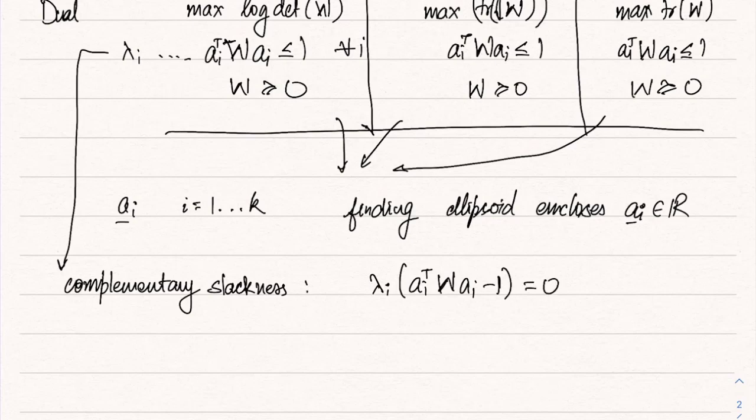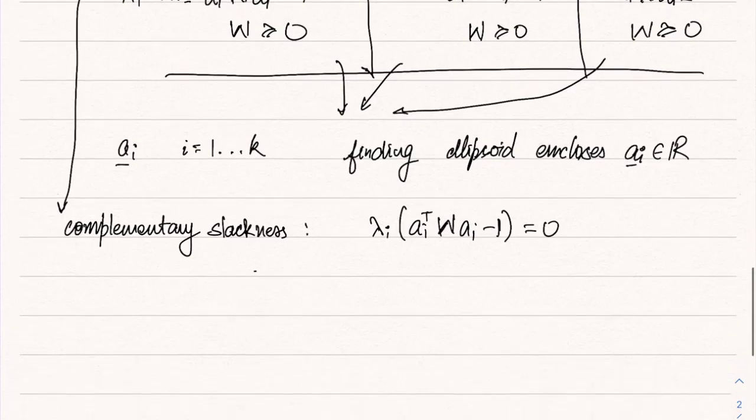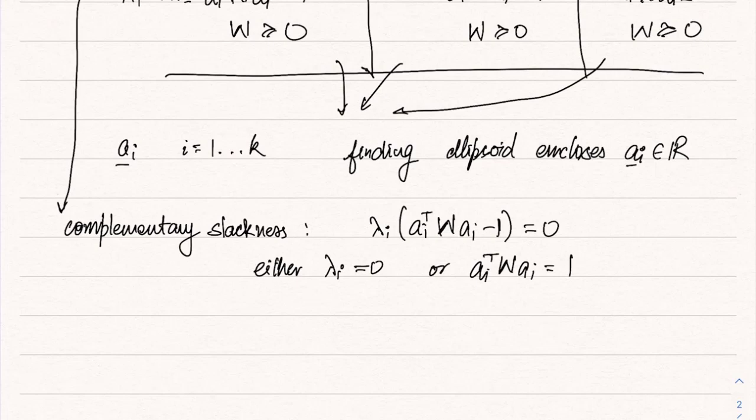Complementary slackness was one of the KKT conditions. So this means that either lambda i is equal to 0 or ai transpose W ai is equal to 1. So what does that mean? What does it mean for ai transpose W ai to be equal to 1? It means that the point ai is on the boundary.